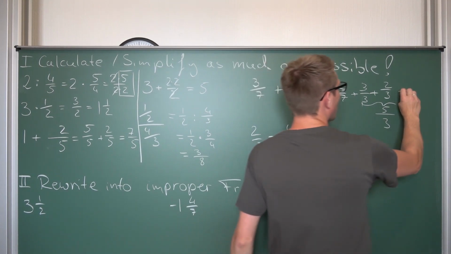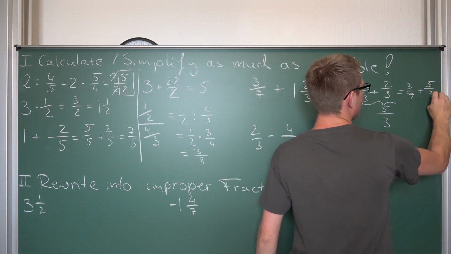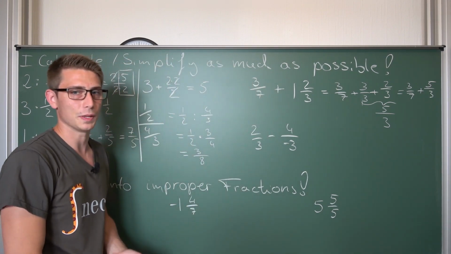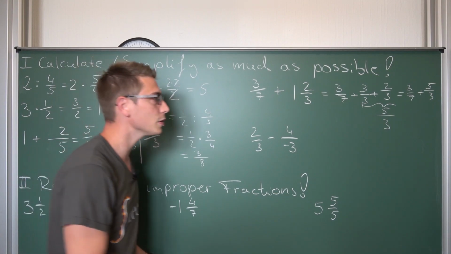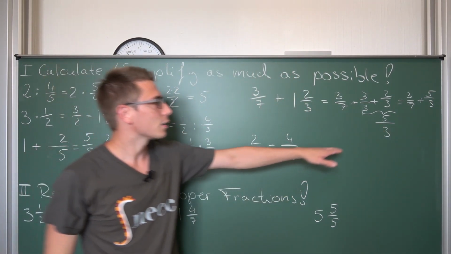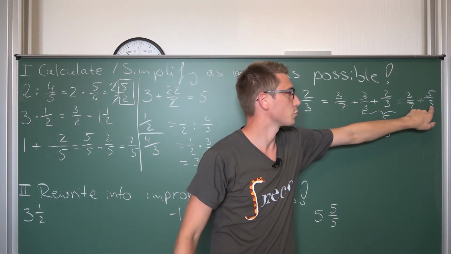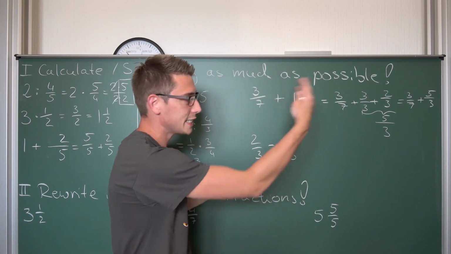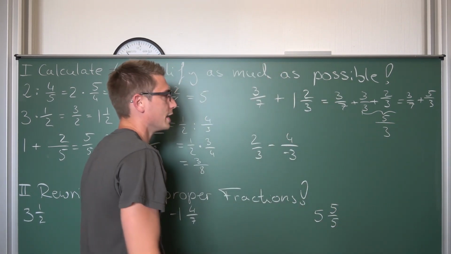What we are having right now is 3 over 7 plus 5 over 3. Now we need to find the common denominator, and now we just need to find the least common multiple, basically, and this is going to be 21. Meaning we are going to expand this left-hand fraction by 3 over 3, because 3 is our denominator here, and the right-hand fraction by 7 over 7, because 7 is the denominator we are having here.